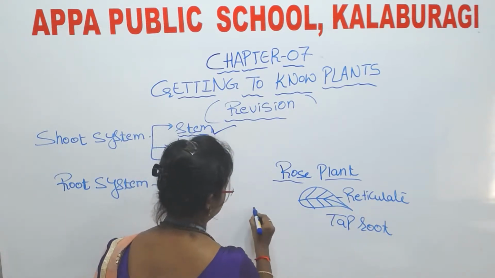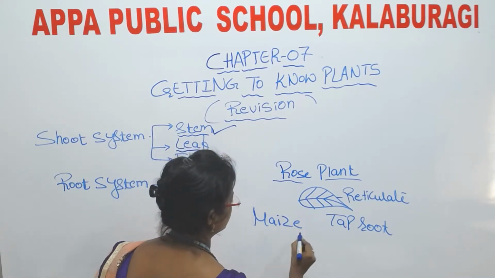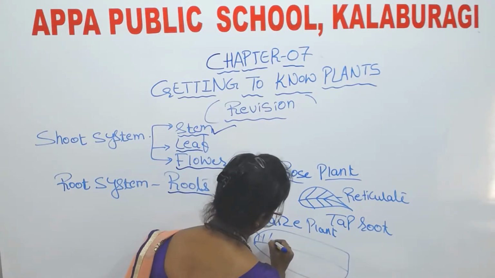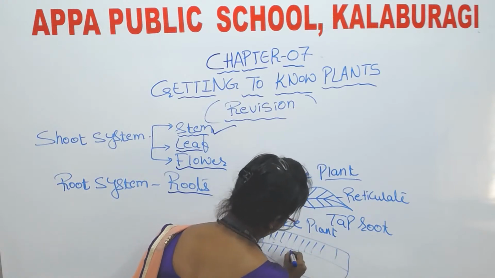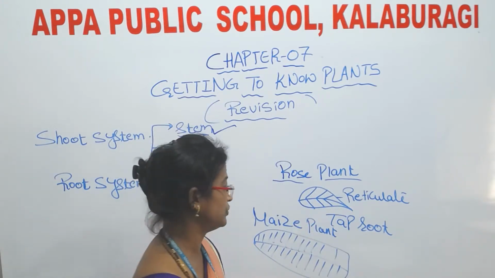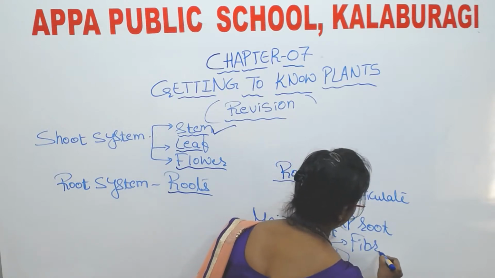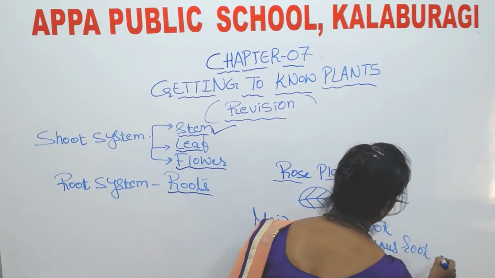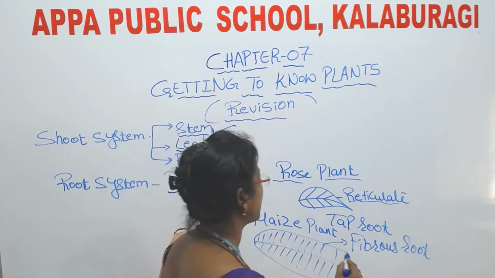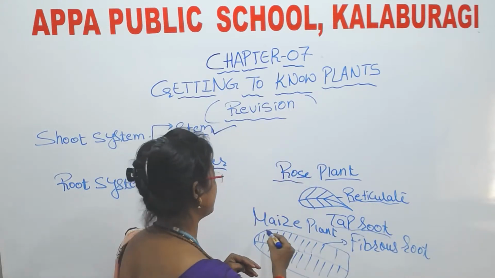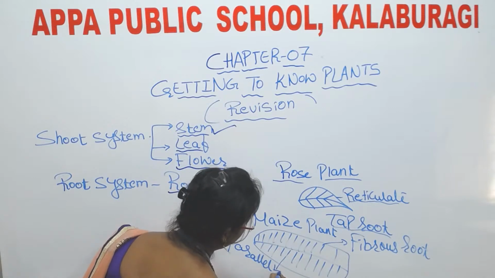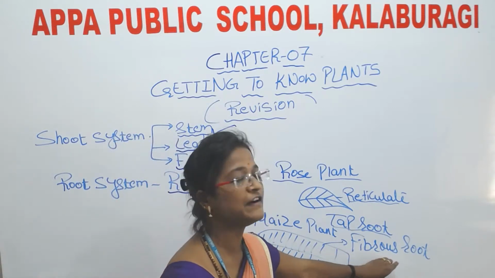Now take the maize plant. The veins of its leaves are parallel to each other, so this type of plant will have fibrous roots. Just keep in mind that plants with reticulate leaf venation have taproots, and plants with parallel leaf venation have fibrous roots.